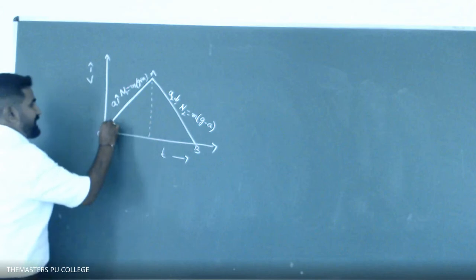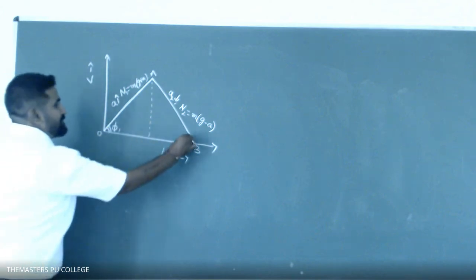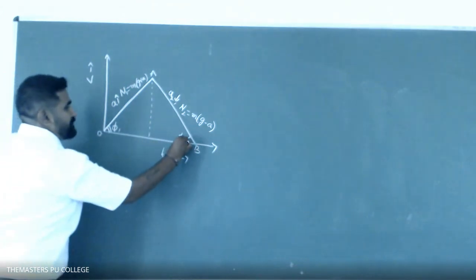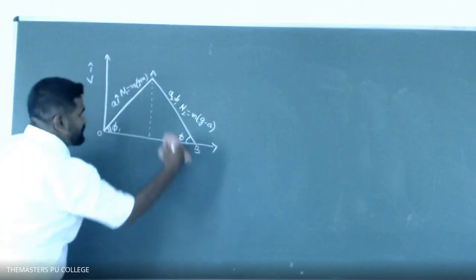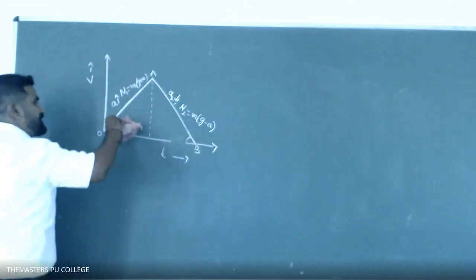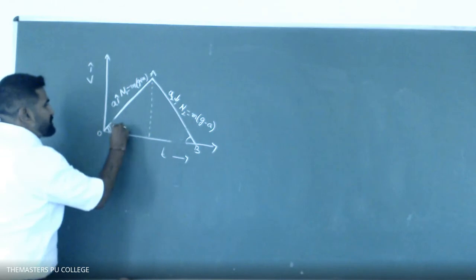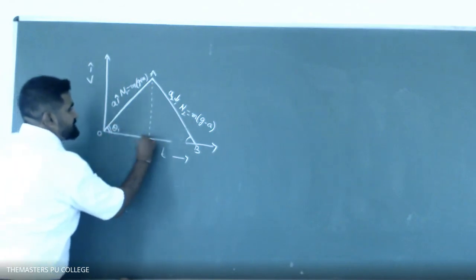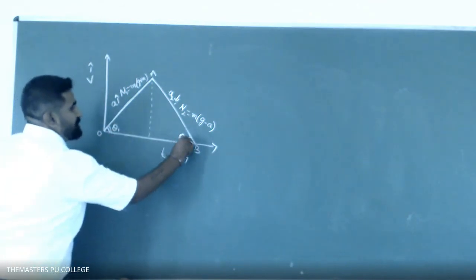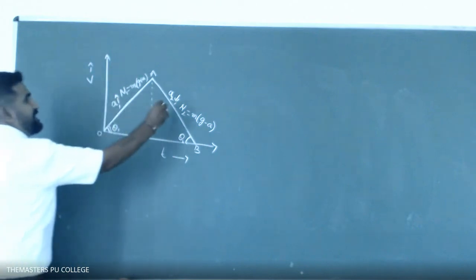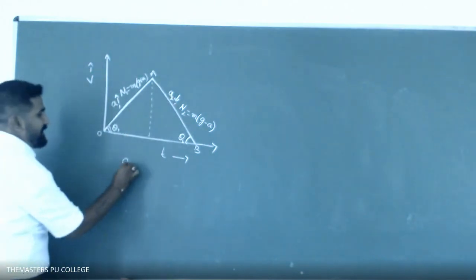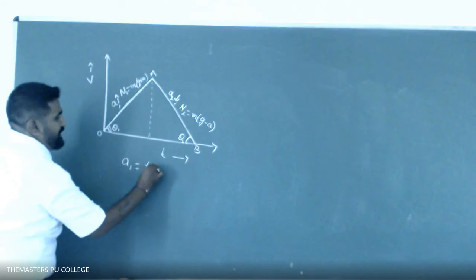So this angle will be theta1, and this angle will be theta2. Very important concept. If I want to find a1, it is equal to tan theta1.